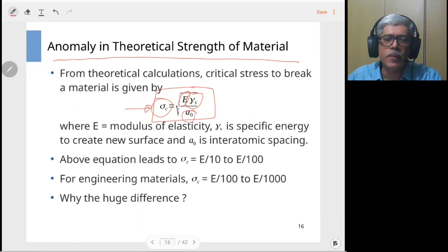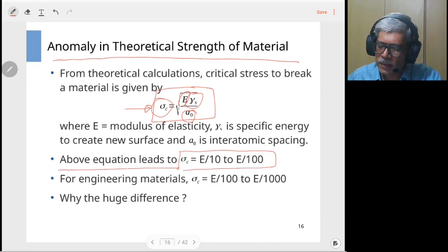So this is a physics-based formula by which scientists found that the ultimate tensile strength of the material should be modulus of elasticity divided by 10 to modulus of elasticity divided by 100. That is the range which was expected.